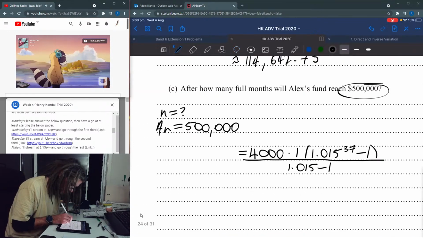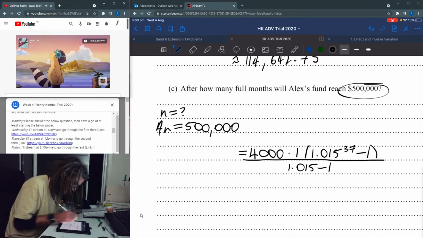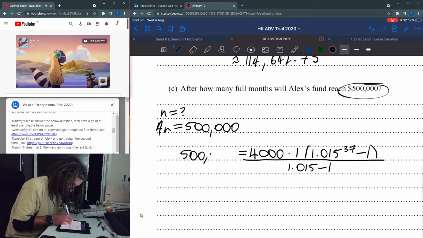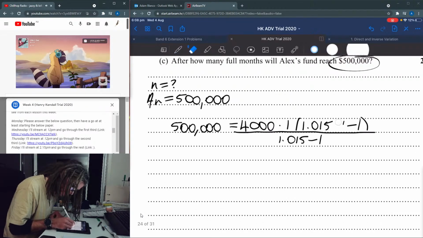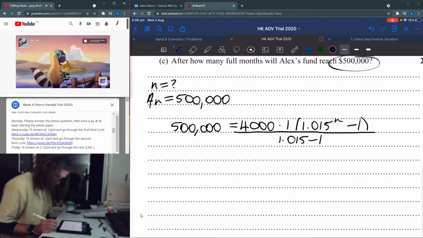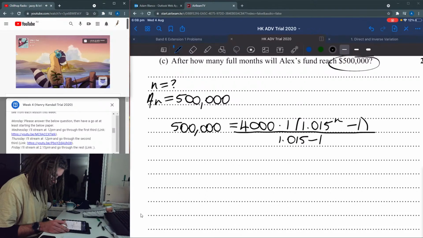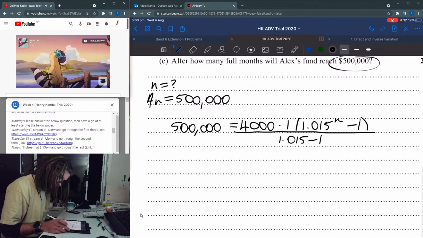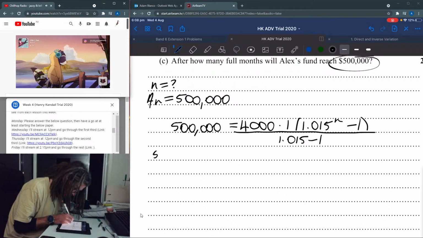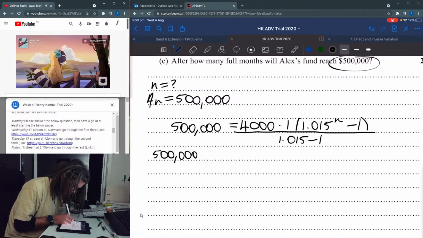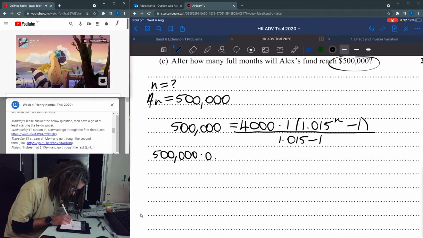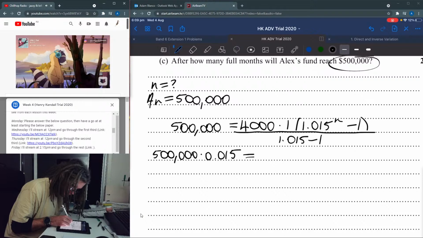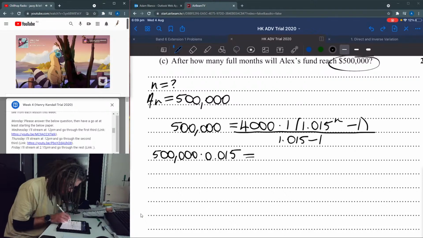Okay. So A n equals that. But I know what A n is. It's $500,000. Okay, so now I just got to solve this thing for, instead of 37 months, it's n months. I have to solve for that. Gee, that looks fun. Okay, 500 grand times 0.015, because actually I'll divide by 4,000 at the same time.